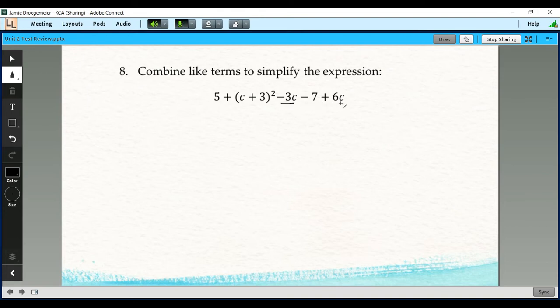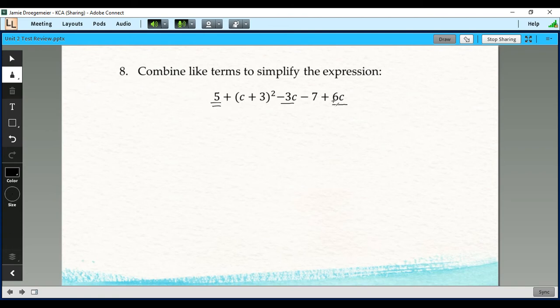Here I have a negative 3c and a positive 6c. Those would be like terms. This c that's inside of the parentheses, I'm not going to include that as a like term because that whole expression is being squared. So I can't just combine this c with the other c's that are out here because of the parentheses and the exponent there.